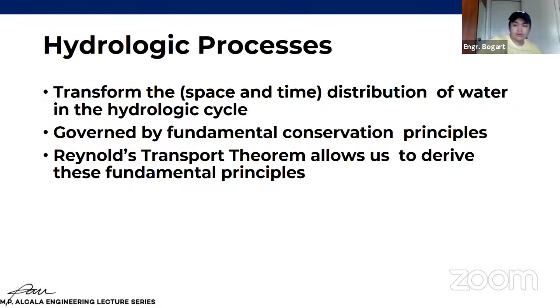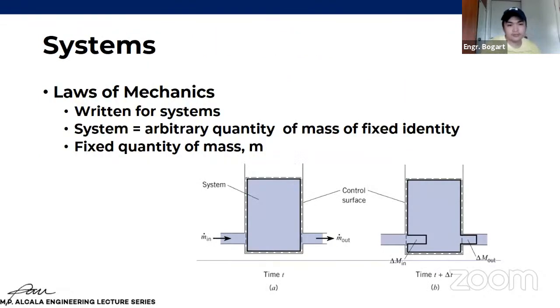The conservation of momentum, and thus will give us the Reynolds transport theorem, which allows us to derive these fundamental principles, wherein the systems or the broken down components can be simply, or let's define first the system, no? Arbitrary quantity of mass of fixed identity. What comes in must come out. That's the simple definition of this one.